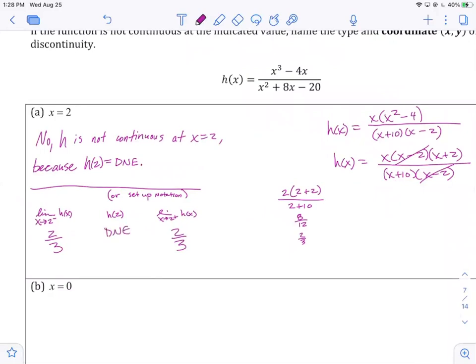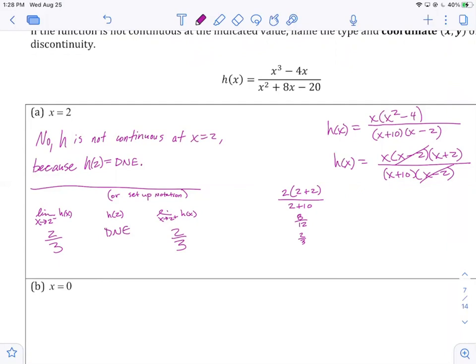And that would be kind of like doing it by checklist, right? Every time: what's the limit from the left? What's the bridge? What's the limit from the right? Collect your information, make your claim. But you don't have to do that. If you factored it first and you realize the function doesn't exist, so there's no way it's going to be continuous, you don't have to find the limit there just to say it's not continuous, unless it specifically asks for the limit, okay?